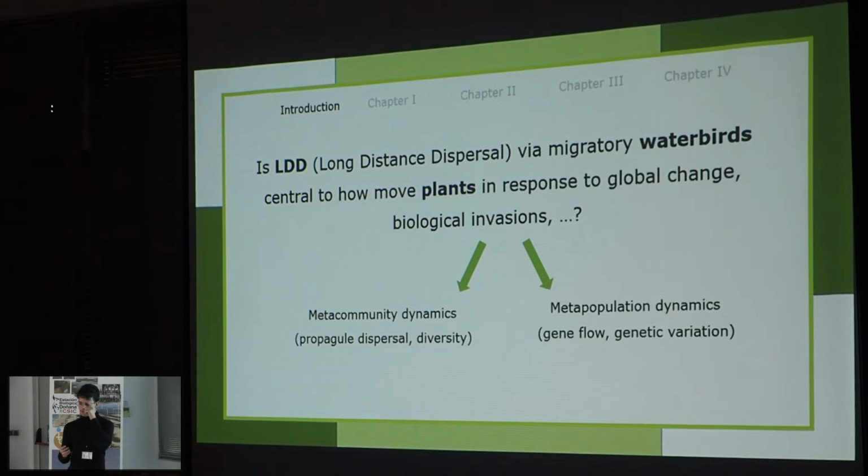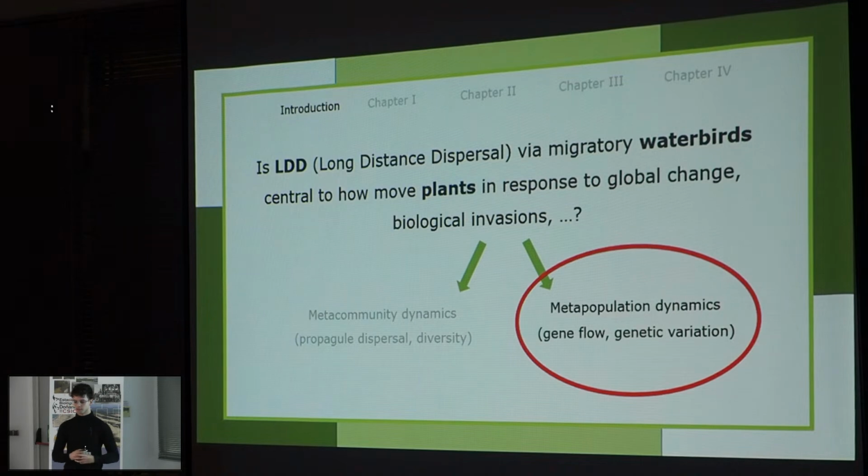To answer that question, we will study the influence of dispersal in the meta-community dynamics and in the meta-population dynamics. For my thesis, I will focus on the second part, the meta-population dynamics.